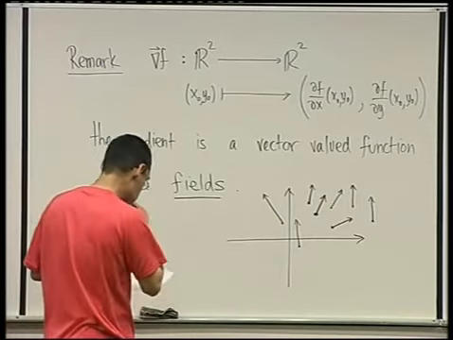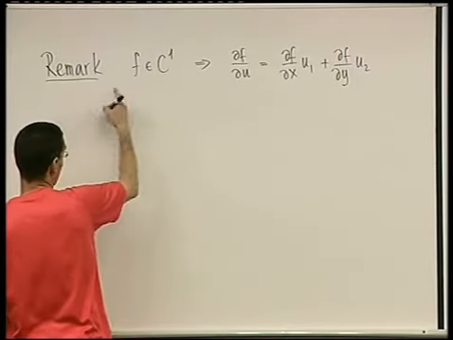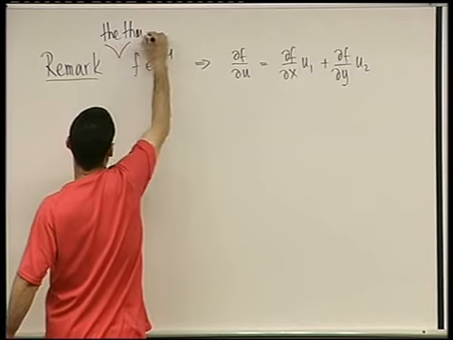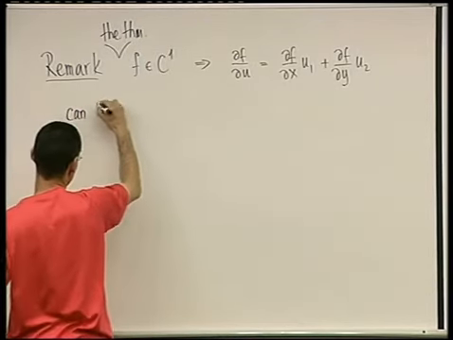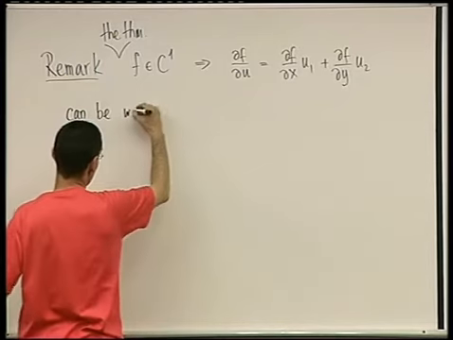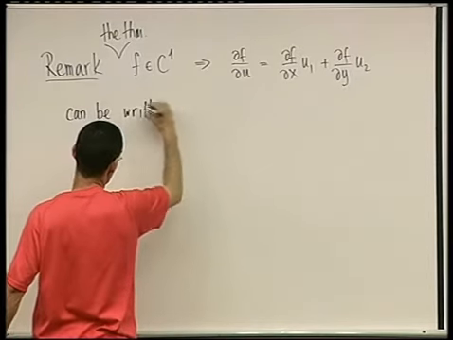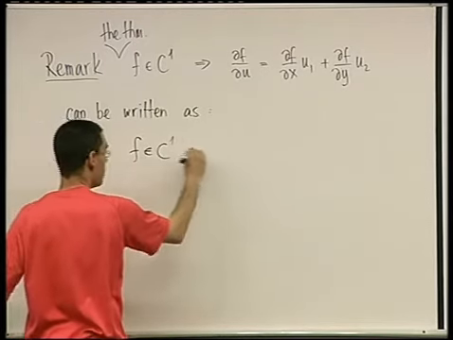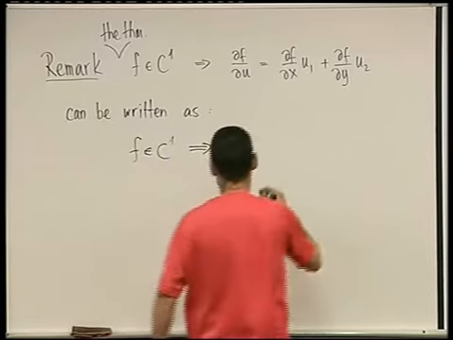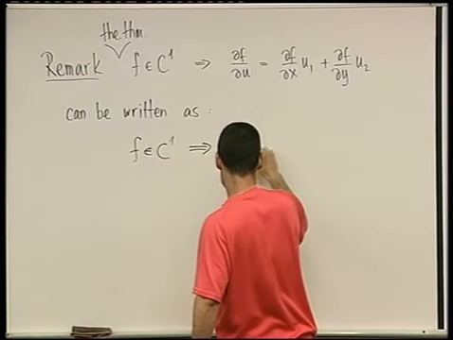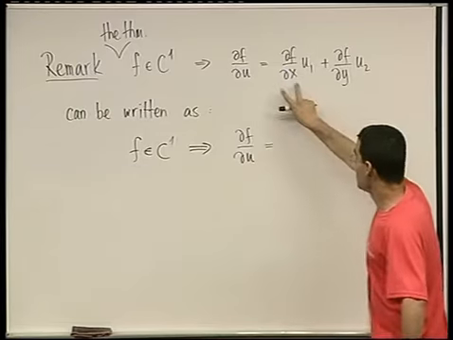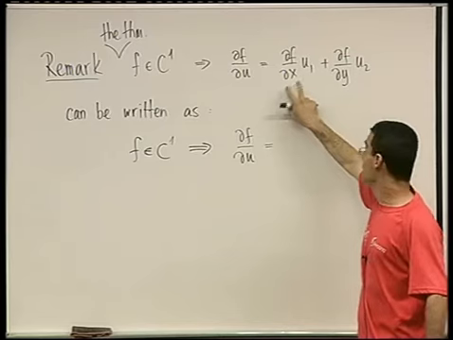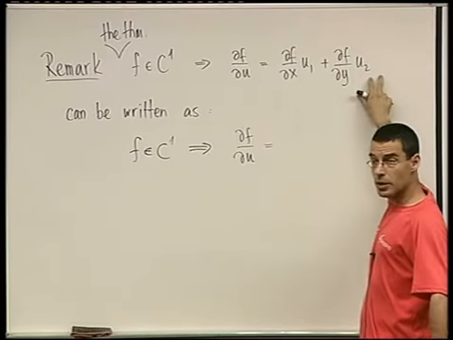Okay, so this theorem can now be rewritten as: f is in C1, or f is differentiable, implies df/du equals, these two are precisely the components of the gradient, and these two are precisely the components of u.